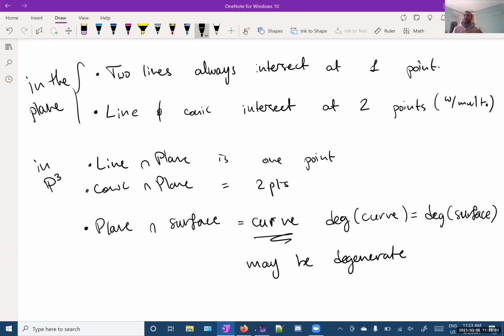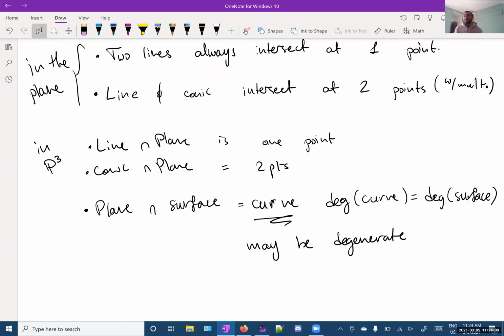So if I intersect a plane and a degree 2 surface, it might intersect not as a circle, but as something like 2 lines, right? Similarly, when we intersect a plane and a cubic surface, we might get 3 lines, okay? Or we might get a line and a conic. So we want to keep this in mind, okay?